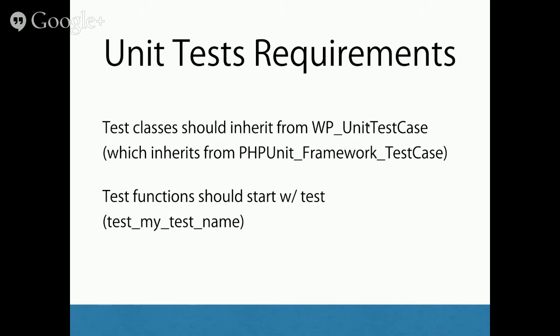So you should either inherit from the WP one, or if you want to go without WP, you should inherit from the PHPUnit framework test case. That way your class will have all the assertions and all the PHPUnit methods and functions.